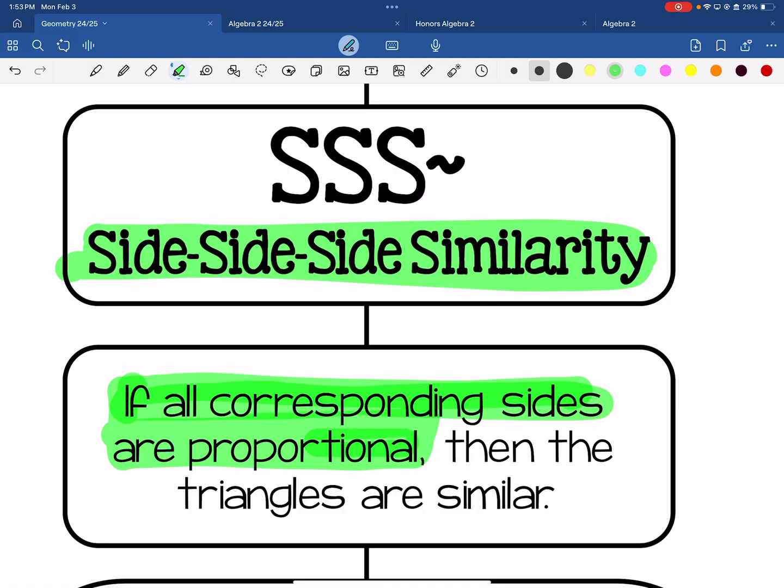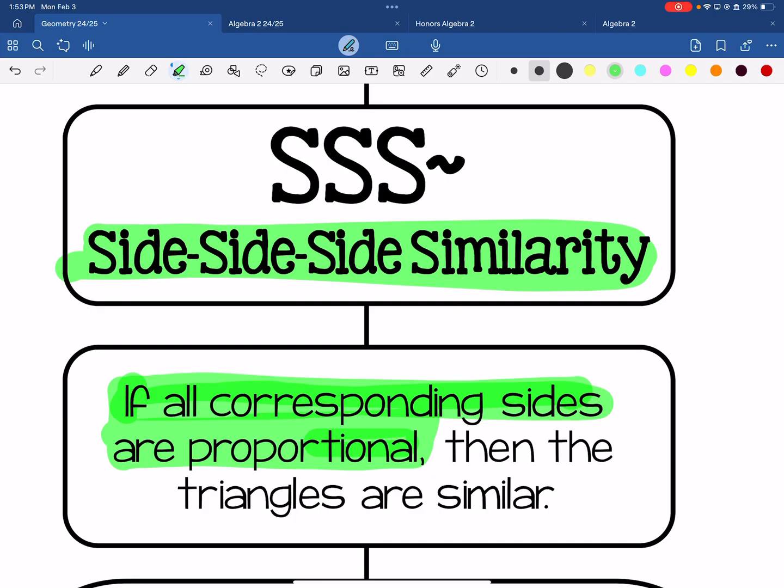If all corresponding sides are proportional, then the triangles are similar. This is why we worked on ratios and proportions on Friday. Because we want to be able to solve ratios and proportions, not only reducing them, but also cross multiplication if we have to.